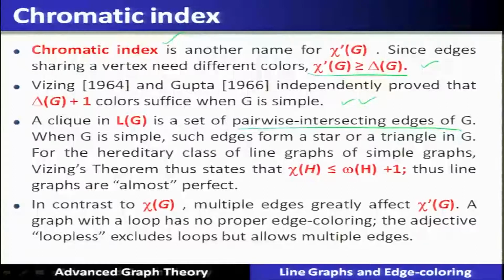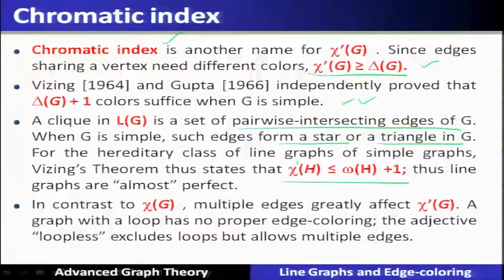When G is simple, such edges form a star or a triangle in the particular G. For the hereditary class of line graphs of a simple graph, Vizing's theorem states that chi prime H is less than or equal to omega H plus 1. Thus the line graphs are almost perfect.